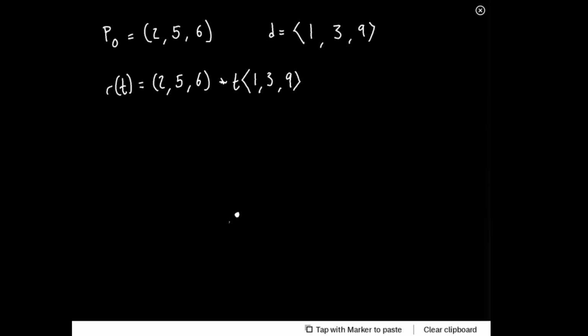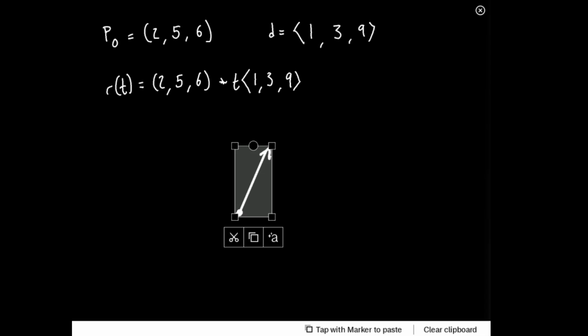Or if it goes negative, then it goes this way. As I decrease or increase the size of the vector, the tip of that arrow describes every single point along that line. So that's what t does here. t multiplies by the vector to describe any point along the line.